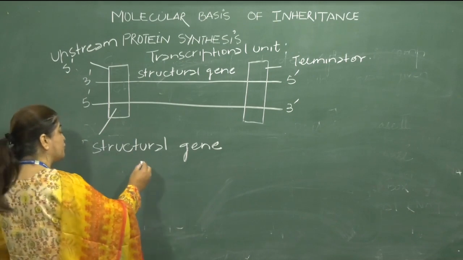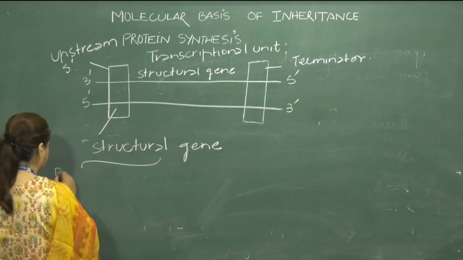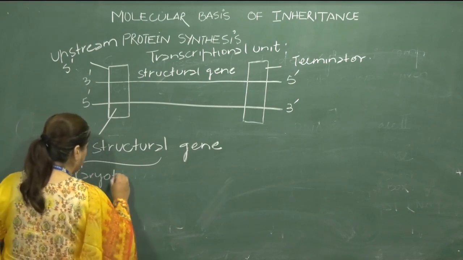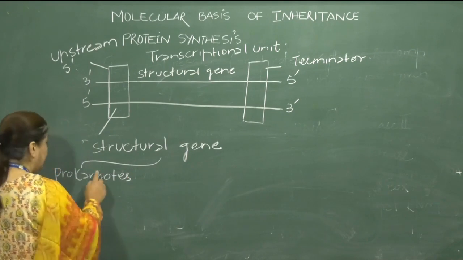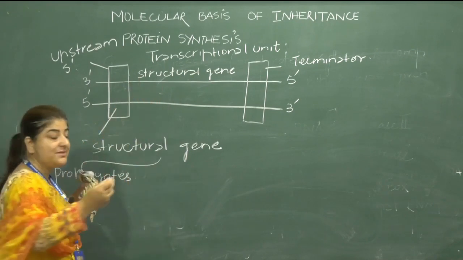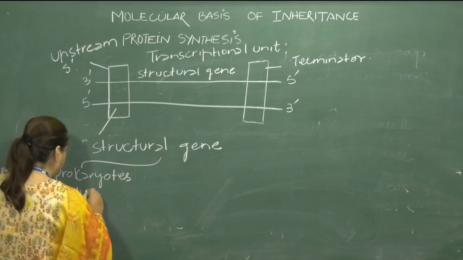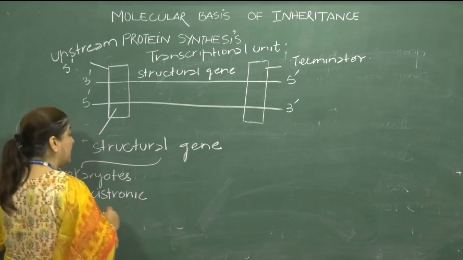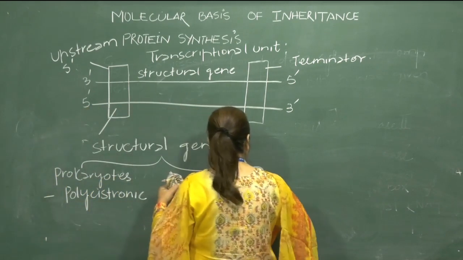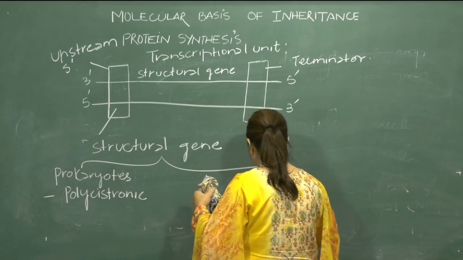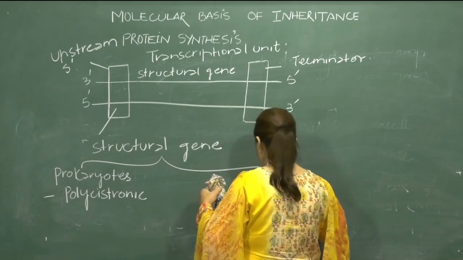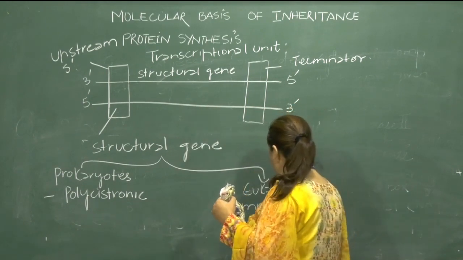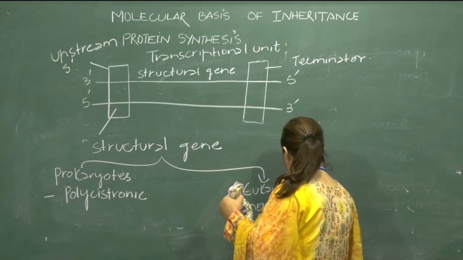So when we talk about the structural gene, in the case of prokaryotes, the structural gene is polycistronic, and in the case of eukaryotes, the structural gene is monocistronic.